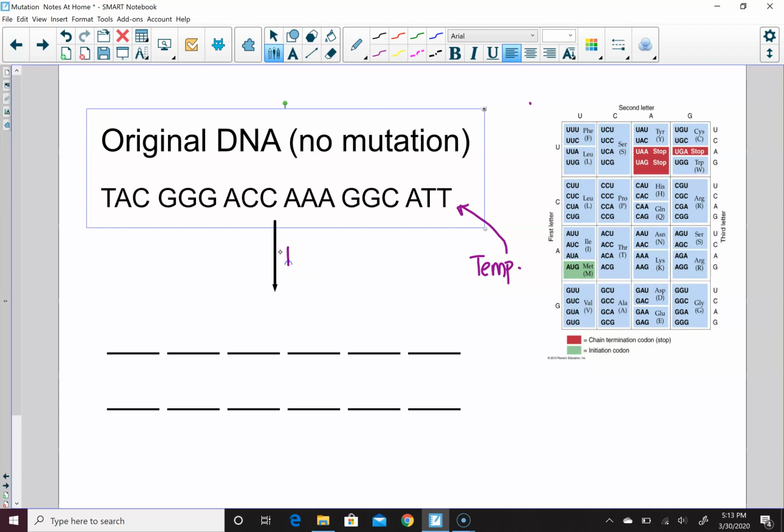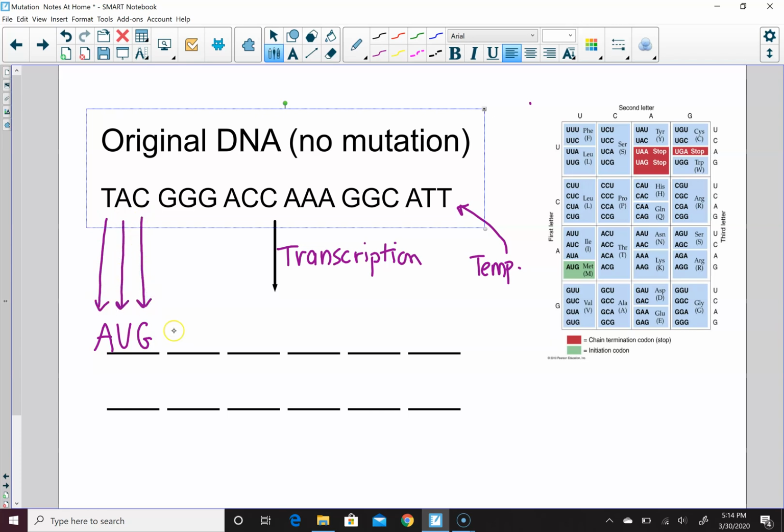So this arrow, once again, represents transcription, and you will have to do this, so definitely know what's going on. Now, for every T, there's going to be an A. For every A, there's going to be a U, and for every C, there's going to be a G. So far, that's pretty easy, and I'm pretty sure you can all do that.